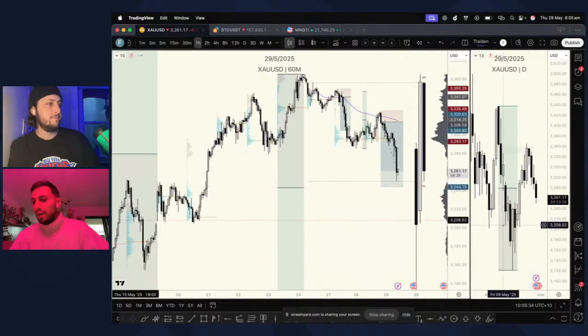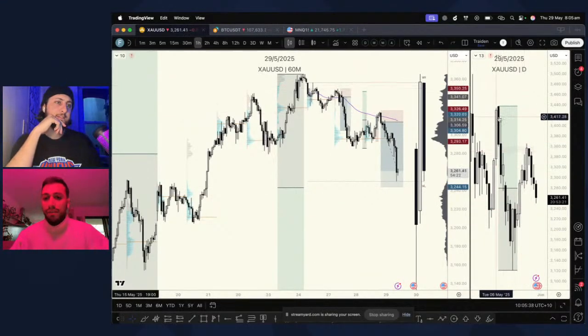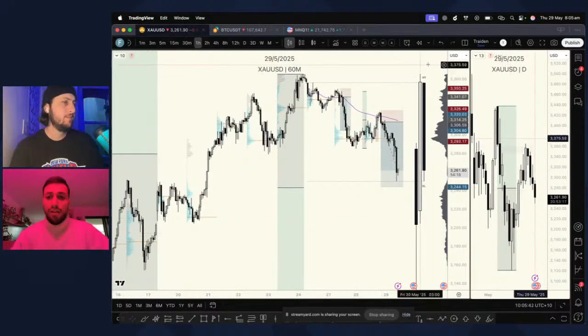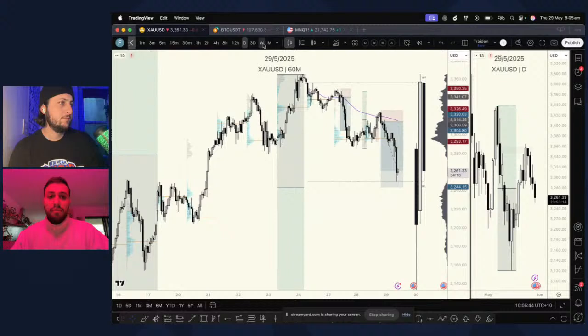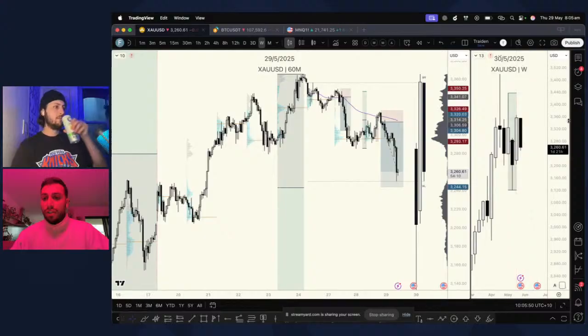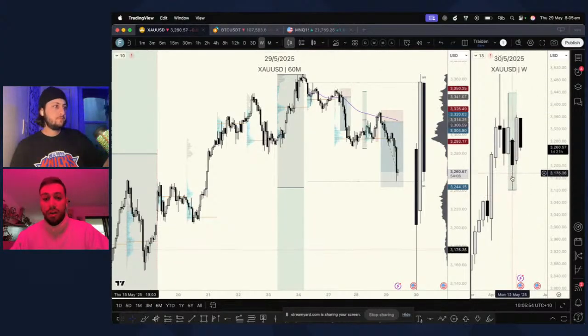I'll be looking for another premium discount leg on a higher time frame, like the daily or even the weekly, or even a wick. I like to trade inside wicks. Sometimes context for me will be a wick on the weekly. For example, I would have liked to trade inside of this wick to look for shorts, or maybe potentially in this wick, I'll look for longs.